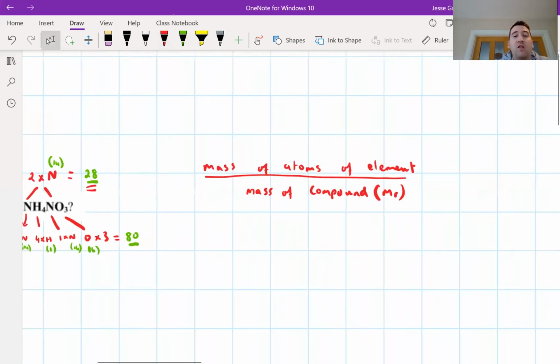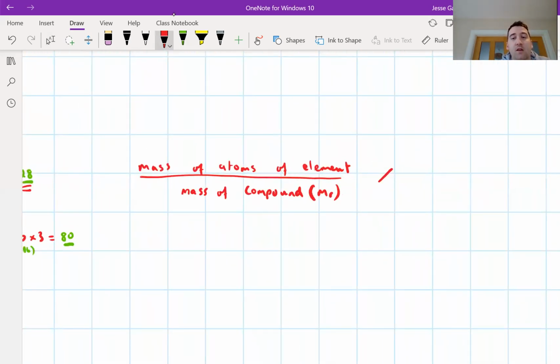Then we're trying to express it as a percentage, and we know that there's 100% in every one whole thing, so 100% per one. So that's our formula, that's going to give us our answer as a percentage.